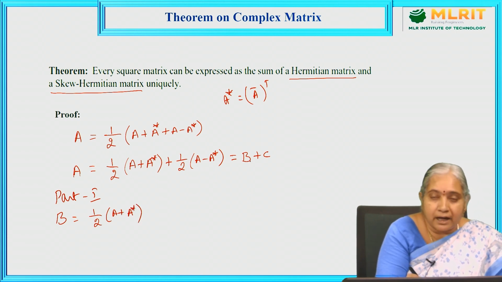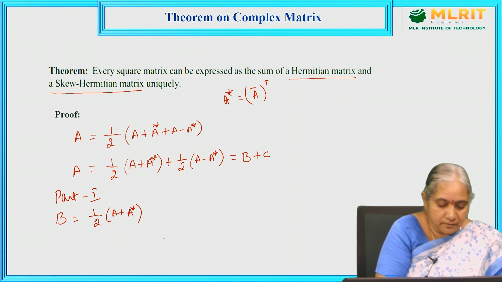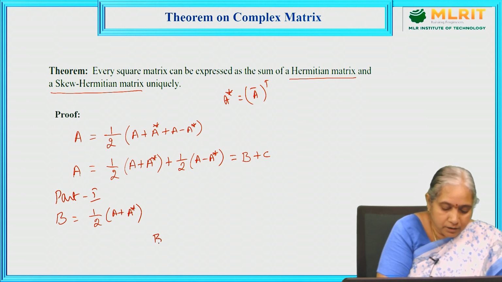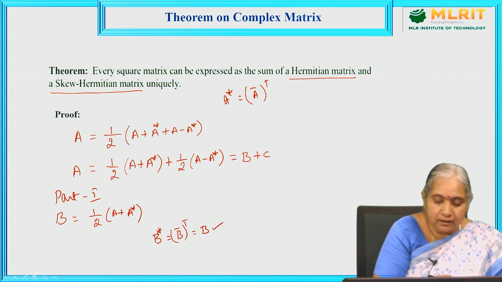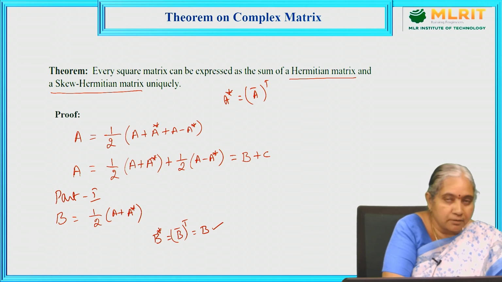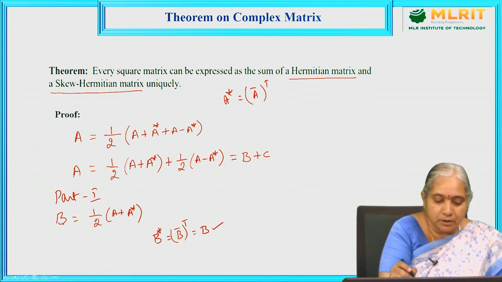To prove the matrix B is a Hermitian matrix, we have to prove that B star, or B conjugate transpose, equals B. If this property is satisfied, then we say that the matrix B is a Hermitian matrix.